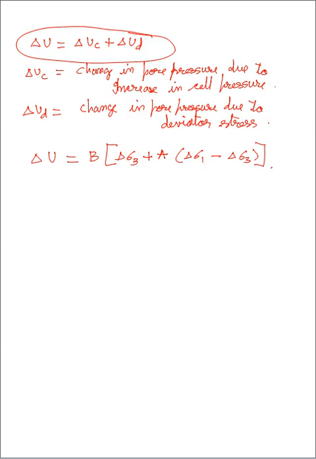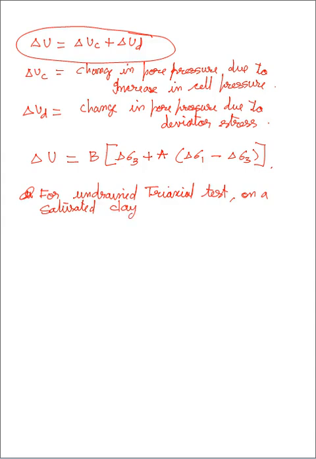Now here remember one more thing. If there is an undrained triaxial test on a saturated clay, Poisson's ratio, we know what Poisson's ratio is, we have studied it in strength of materials, denoted by mu or sometimes 1 by m. Basically it is lateral strain upon longitudinal strain.